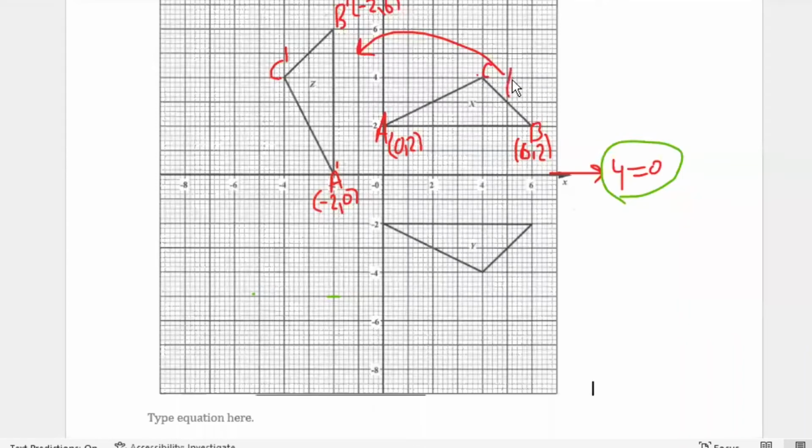So our reading for C is 4, 4. For our C prime, it becomes -4, 4.